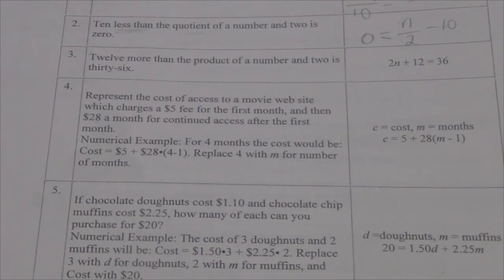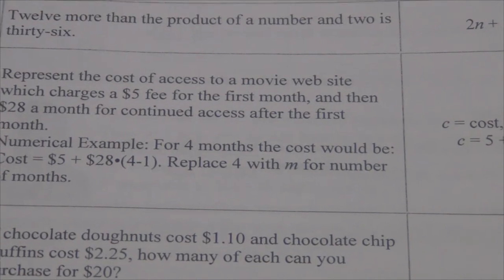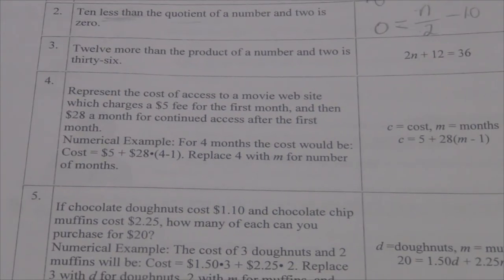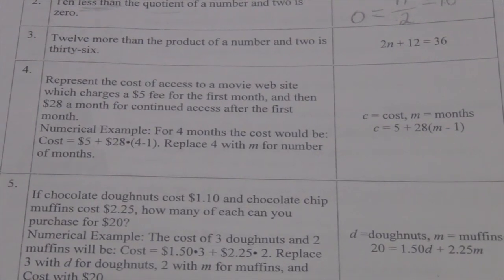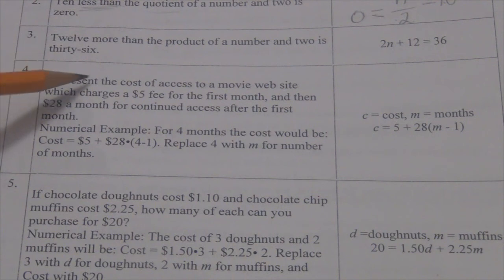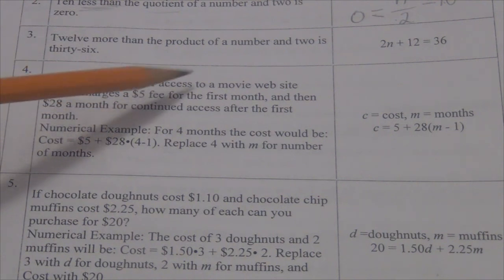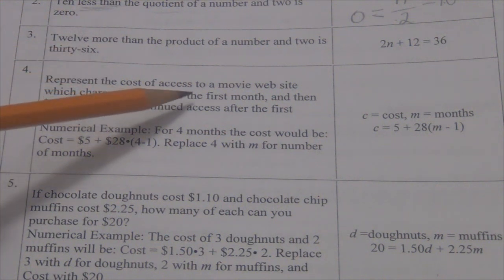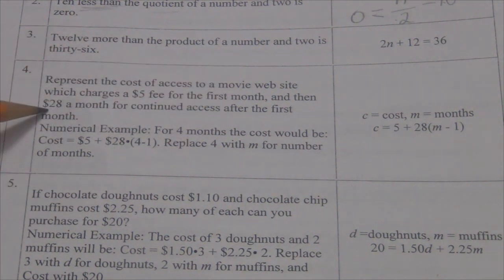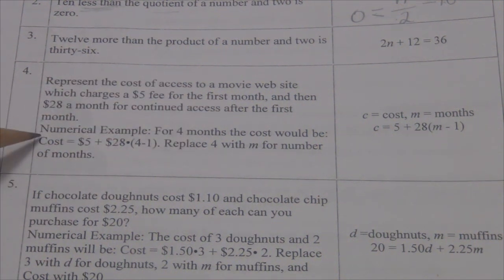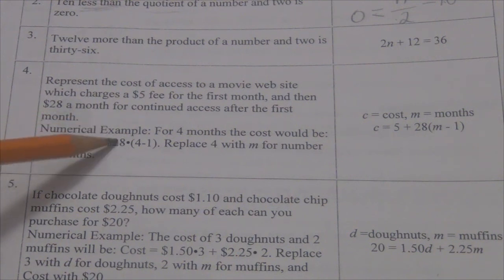Let me see if I can make it bigger. Oops, too big. Okay, right, got it. Alright. Represent the cost of access to a movie website which charges a $5 fee for the first month and then $28 a month for continued access after the first month. Numerical example.